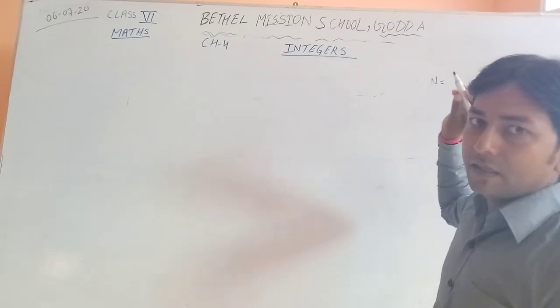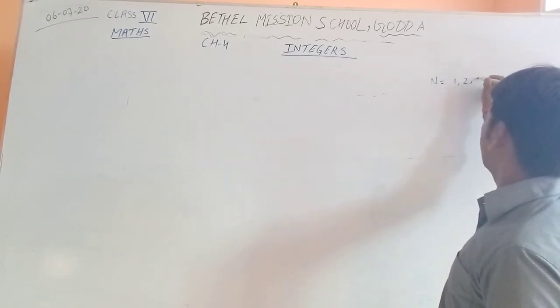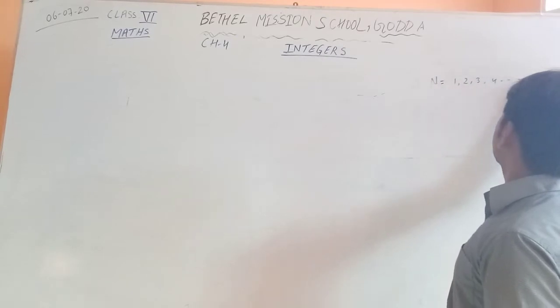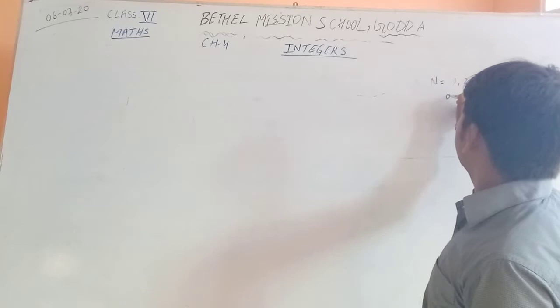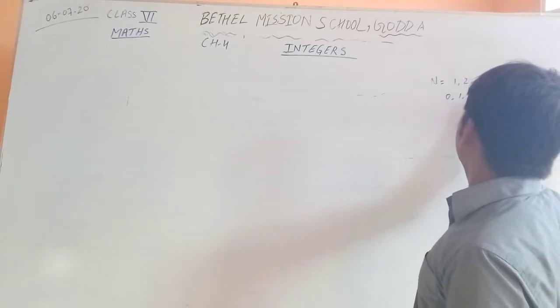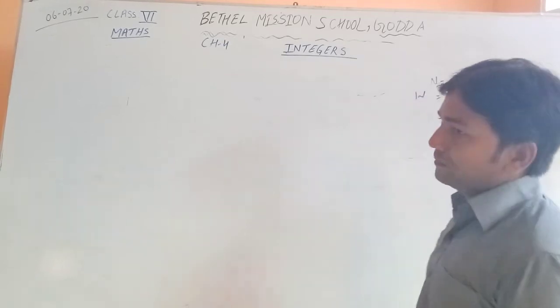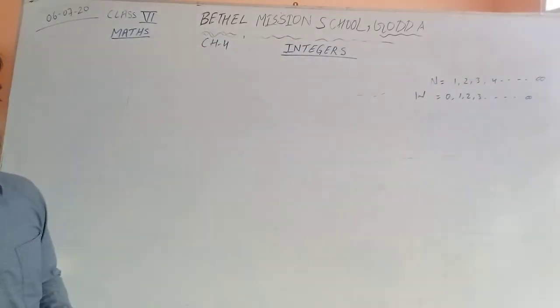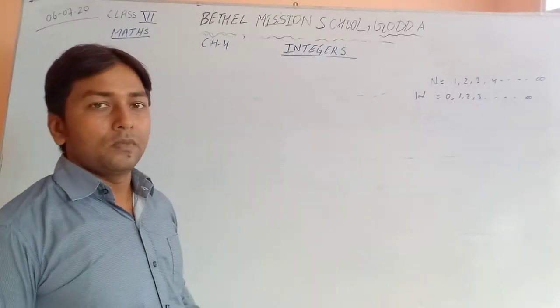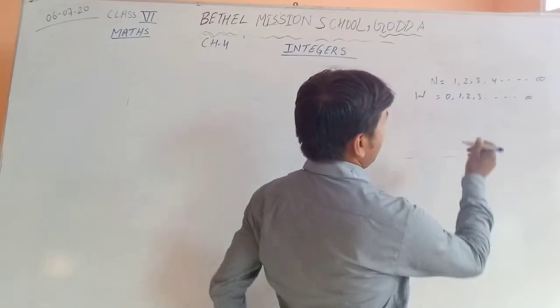Natural numbers, counting numbers, are said to be natural numbers up to infinity, and when we include 0 with the natural numbers, this is called whole numbers. But here we will learn the new numbers which are the negatives of natural numbers.